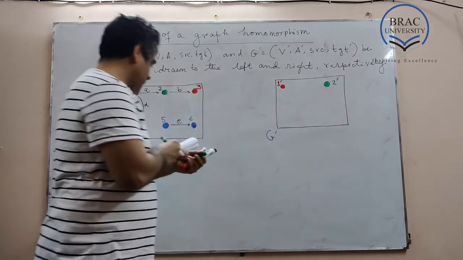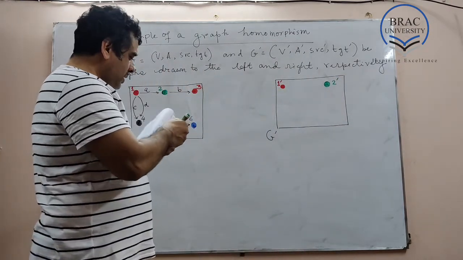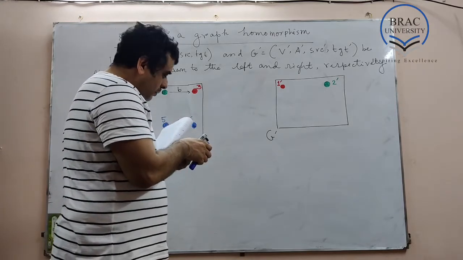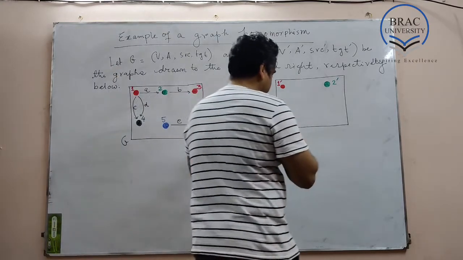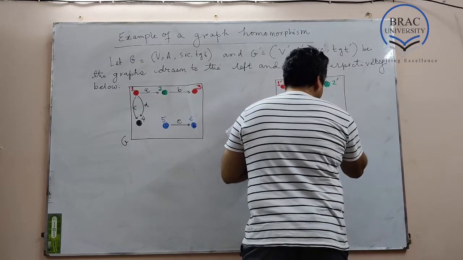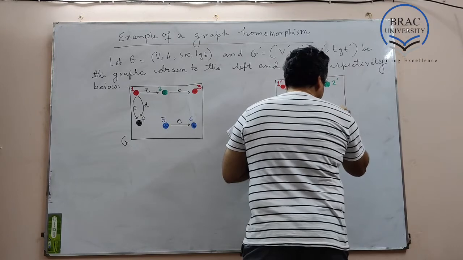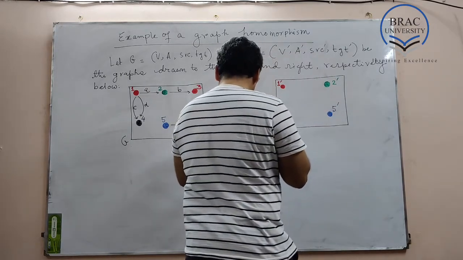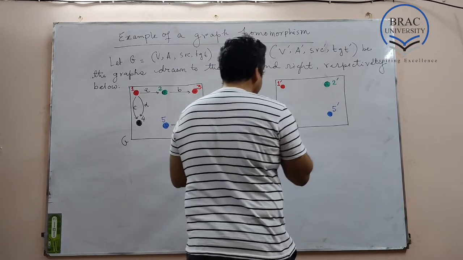And there is one blue vertex called 5 prime, and one black vertex called 4 prime.